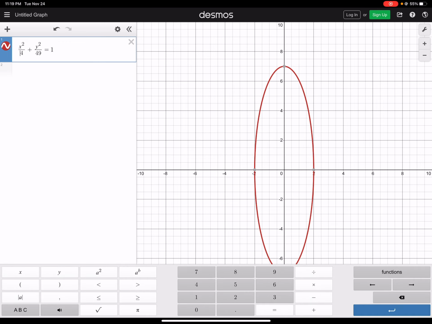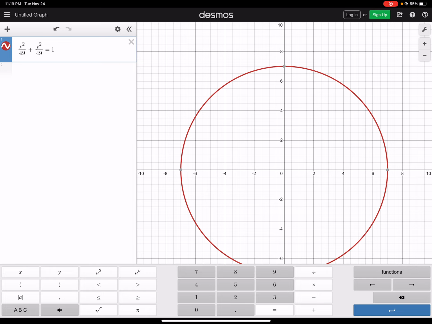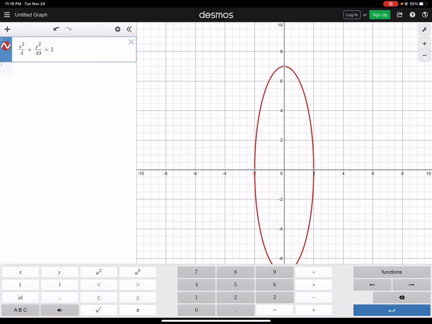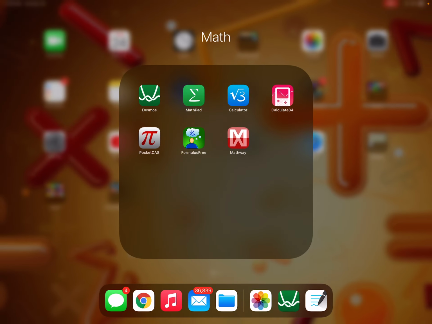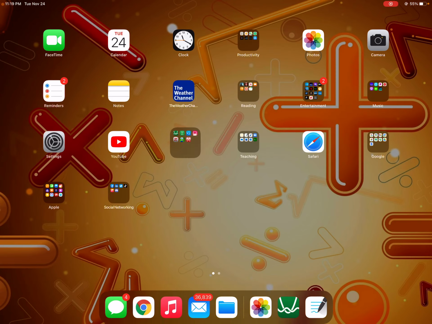It turns out if these are the same, and you stretched it 7 left and right and 7 up and down, well, that would be like a perfect circle. And so in that case, you would just have a perfect circle. But if those numbers are different, then you get an ellipse. And the key takeaway is whichever one has the larger number, that is the direction that it gets pulled in.